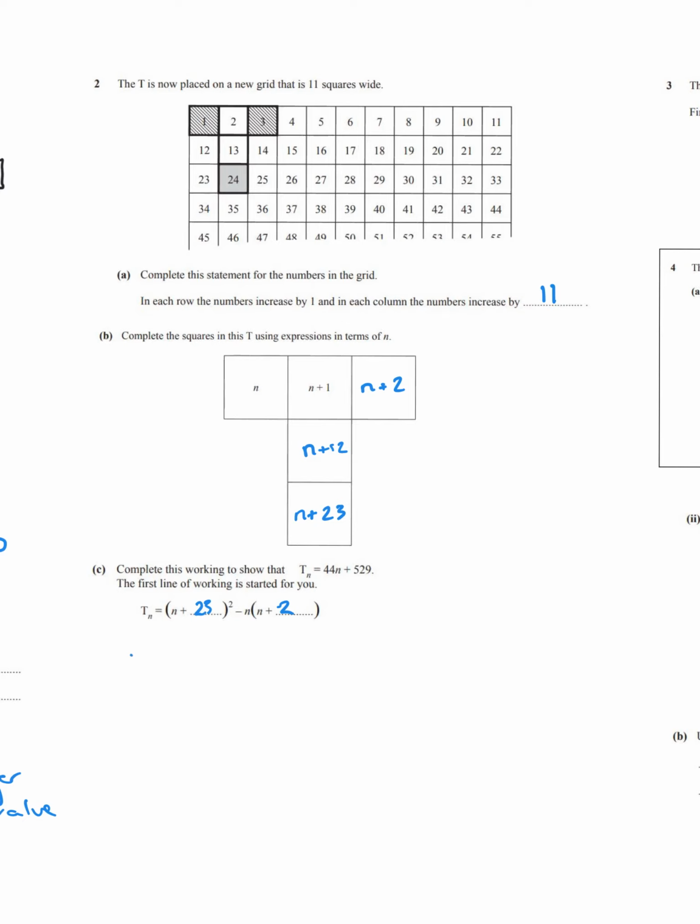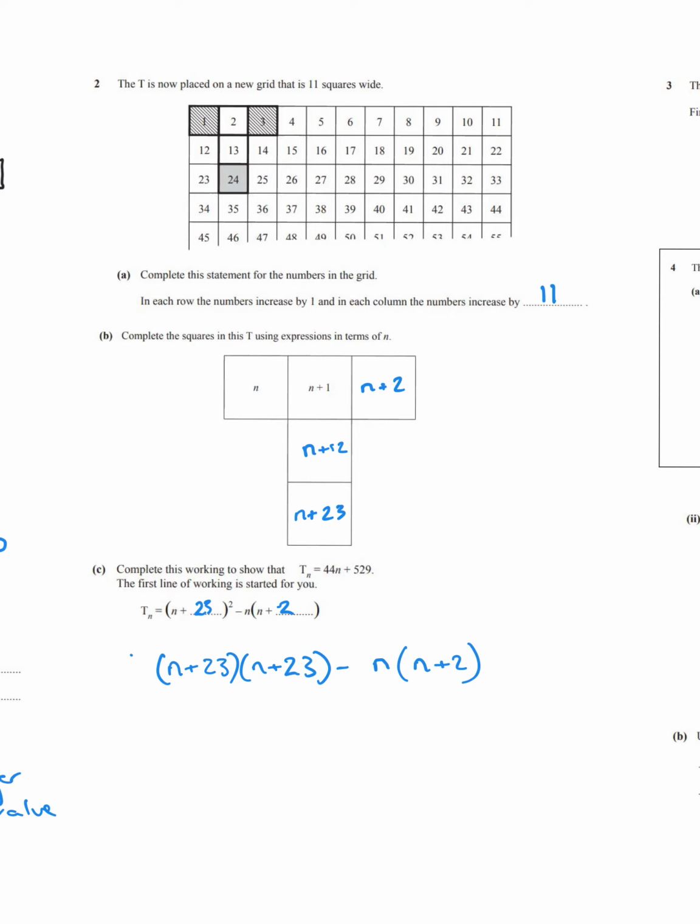So this is n plus 23, n plus 23, minus n multiplied by n plus 2. So instead of writing it as being squared there, I've just written them out twice so that when I expand my brackets I can just see clearly what's happening.